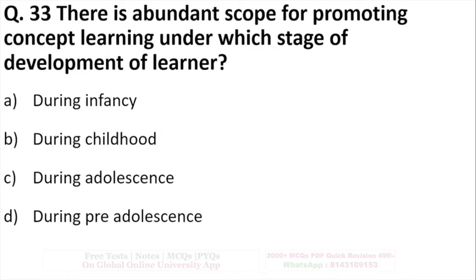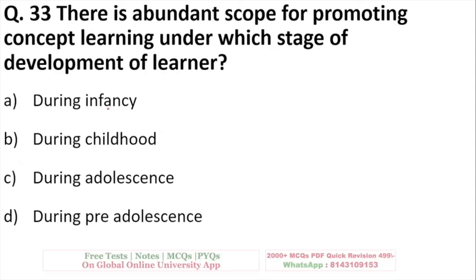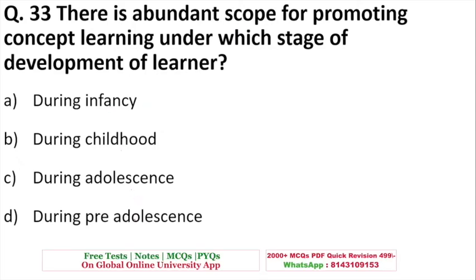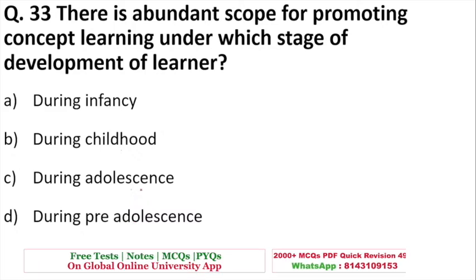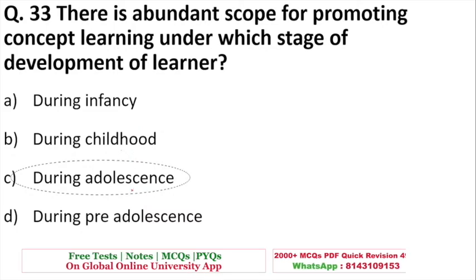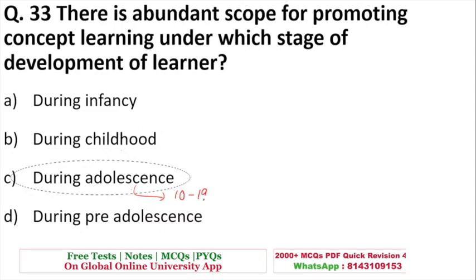In which stage of development? Infancy means when the child is just born, or during childhood, adolescence, or pre-adolescence. So C is your right answer, because at this age it is the best time for concept learning. Adolescence means the age between 10 and 19 years old.